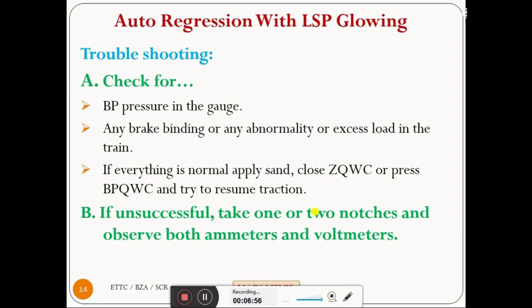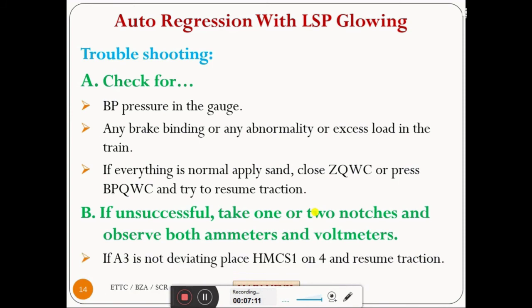If unsuccessful, after following the procedure that is prescribed above, take 1 or 2 notches and observe both ammeters and voltmeters.